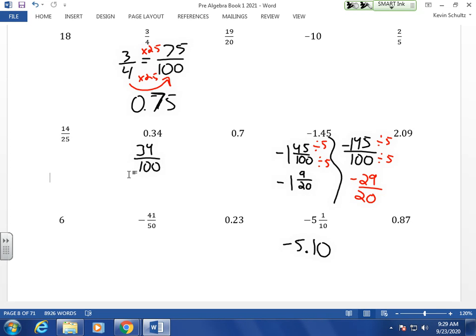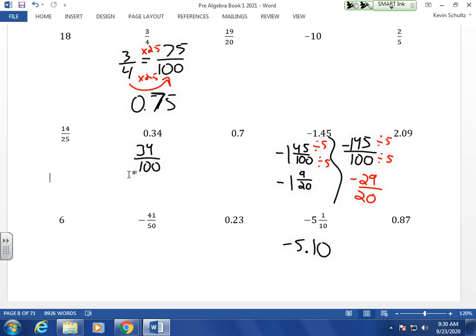We aren't trying to get to 100 here because we're already at 100, right? We can write that decimal as a fraction out to the hundredths place. And so now we're just going to simplify. So what's a number you can divide both 34 and 100 by? They're both even, so start with 2, right?